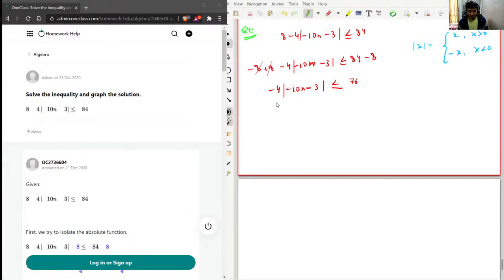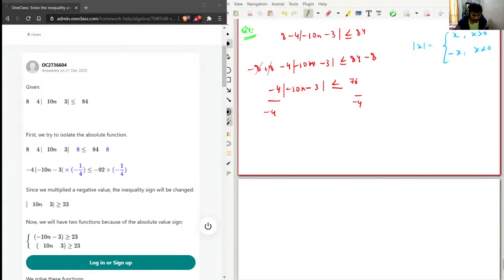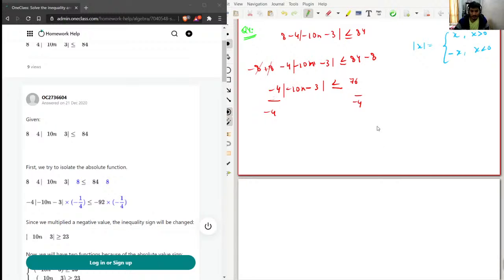Now I'll divide both the sides by negative 4. But in inequality, let me cross check. Yeah. In inequality, whenever we multiply or divide both the sides by a negative number, the sign of inequality changes. Earlier I just added and subtracted, so in addition and subtraction that thing is not valid.